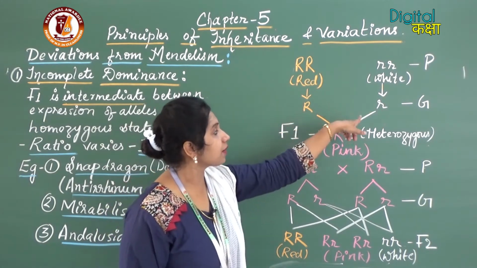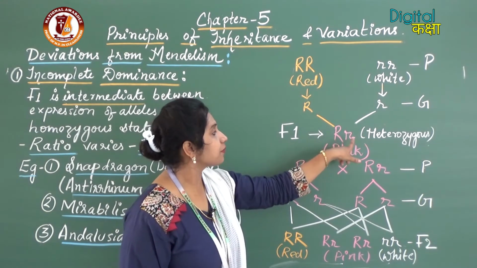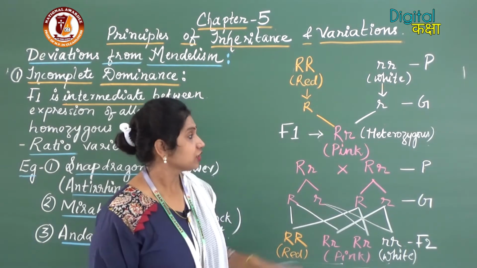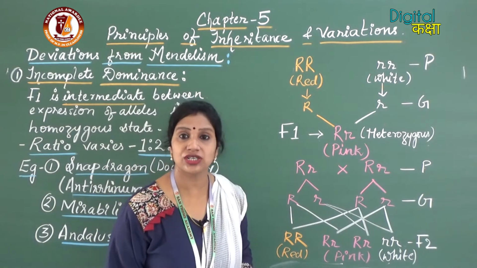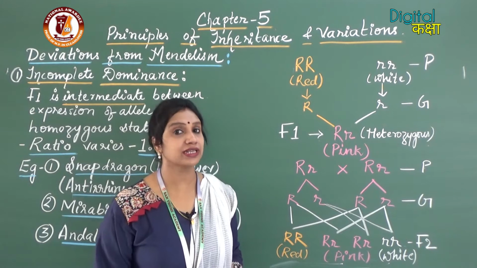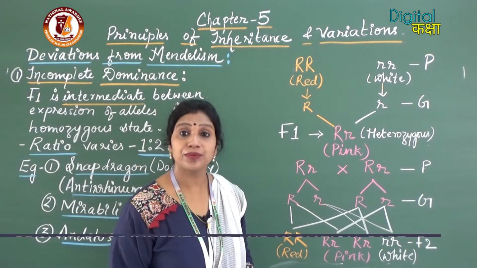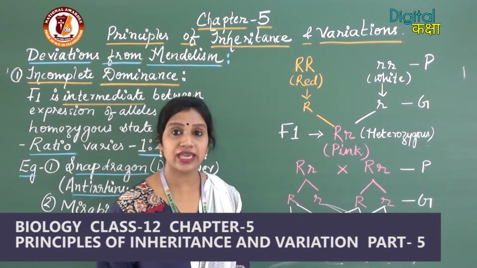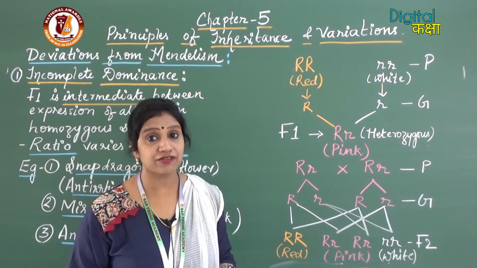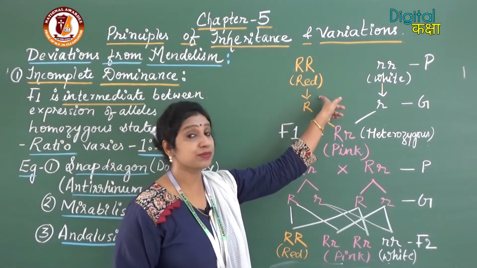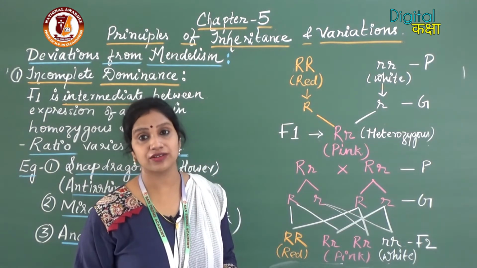Now when the two gametes combine in the hybrid, we get capital R and small r. This is the F1 generation, or the F1 hybrid. This F1 hybrid bears pink flowers, meaning they bear neither red nor white flowers.